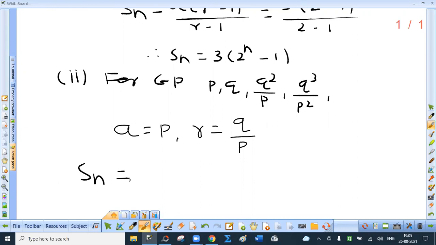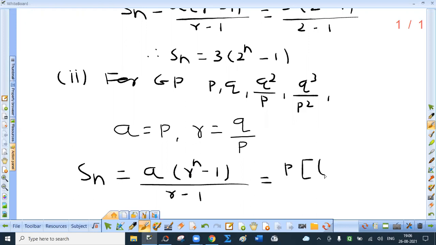So Sn. Now you will ask me how to know whether it is greater than 1 or less than 1. The formula is the same. So you may take r greater than 1: r raised to n minus 1 upon r minus 1. So it is Q upon P raised to n minus 1 upon Q upon P minus 1.